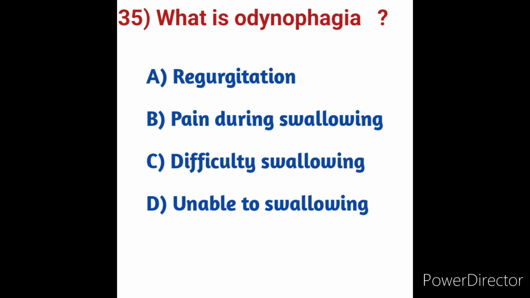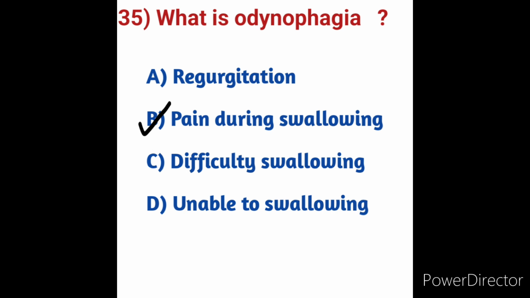Most common causes of odynophagia are caustic ingestion, pill-induced esophagitis, radiation injury and infectious esophagitis, for example candida, herpes viruses and cytomegaloviruses. So here odynophagia means pain during swallowing. Difficulty swallowing means dysphagia. So here, option B is the correct answer.